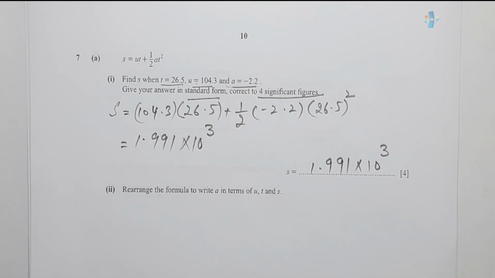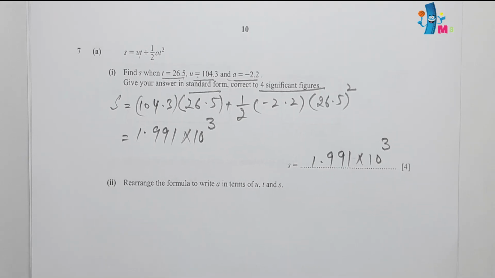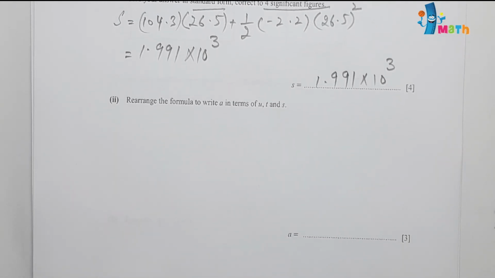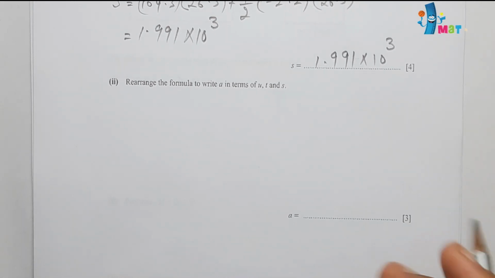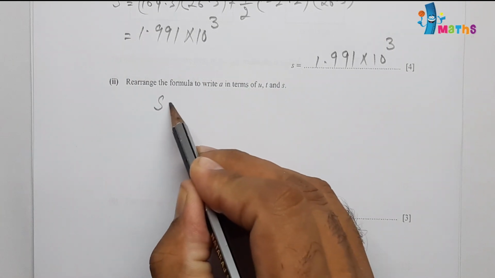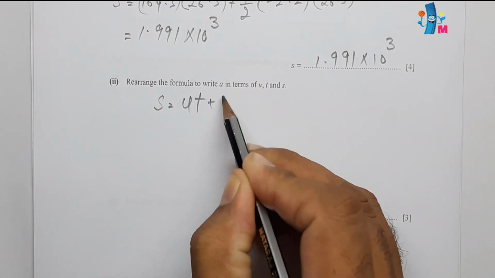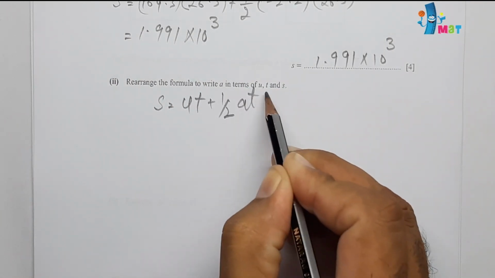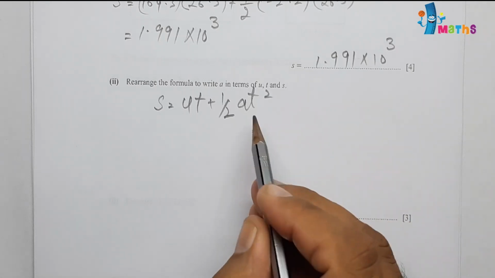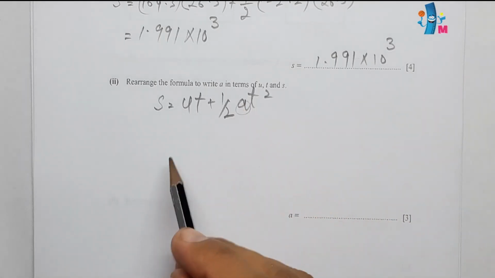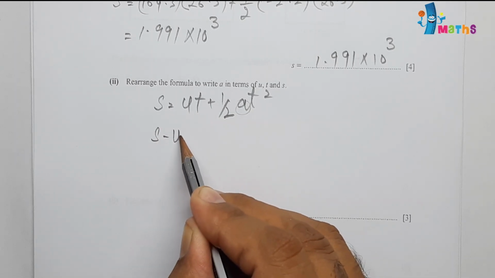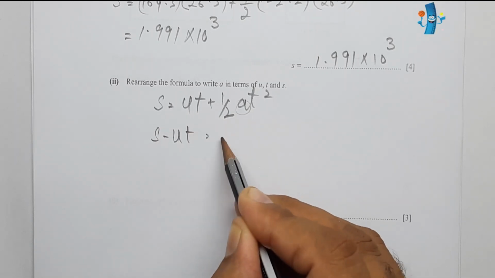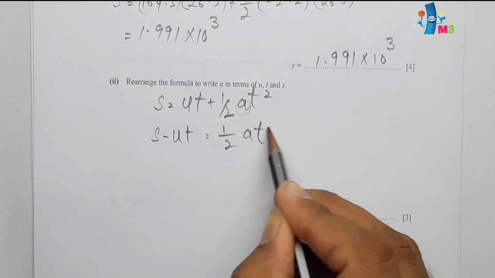Part B, rearrange the formula. Rearrange the formula to write a in terms of u, t and s. It means that we have to make a the subject. Our given equation is S is equal to ut plus half a t squared. So we will move ut first. So S minus ut is equal to half a t squared.